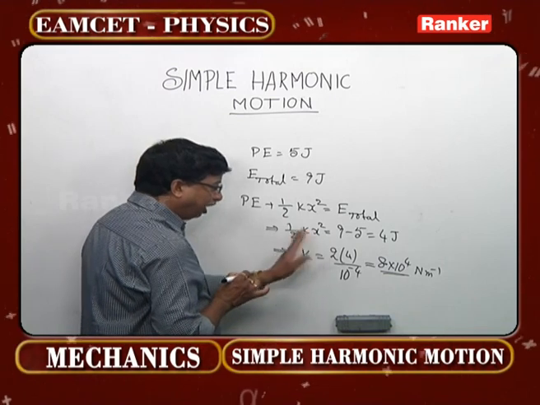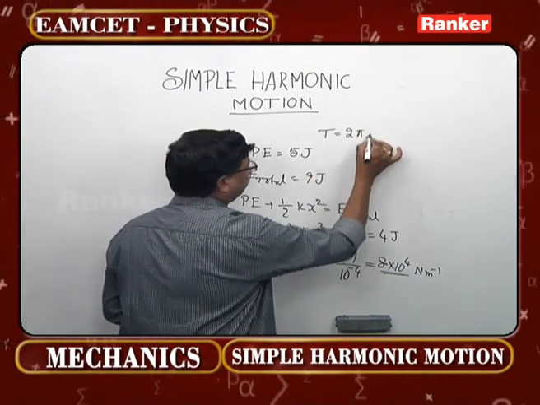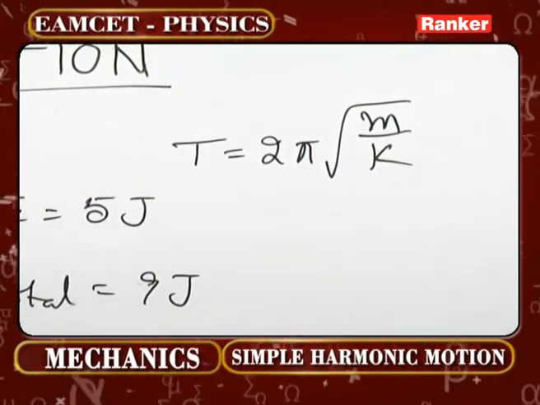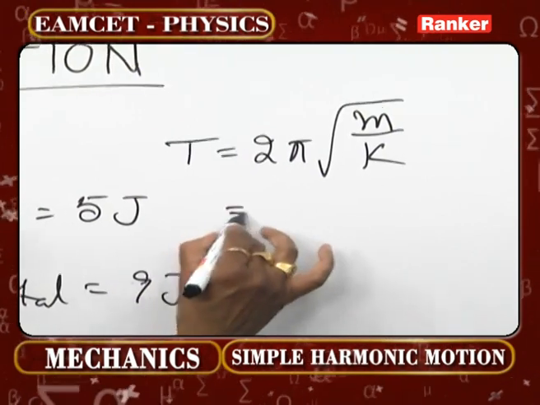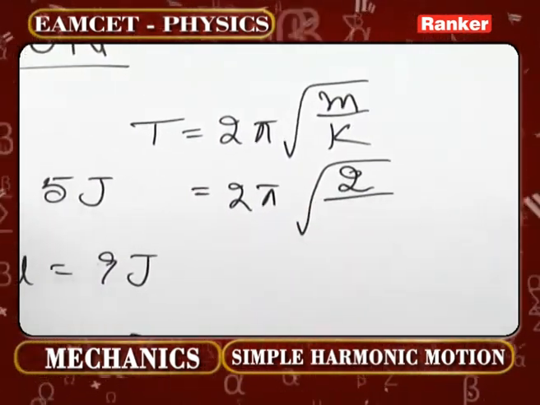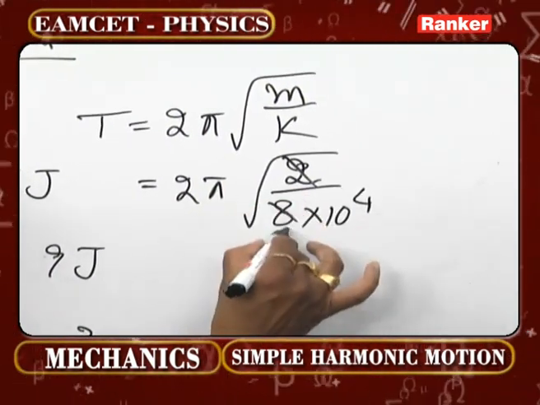Fine. Now K value, if you know, what is the time period of an oscillator? 2 pi root m by K. That is the formula for time period. What is mass that has been given over here? 2 kg. And what is the value of K that we have got? 8 into 10 to the power 4. Now this goes 4 times.